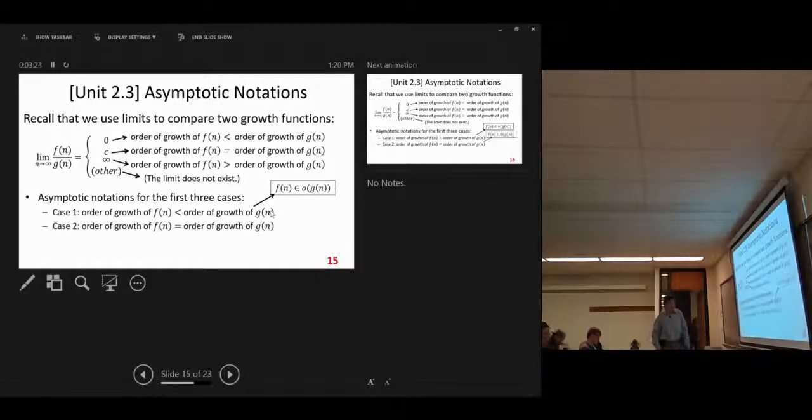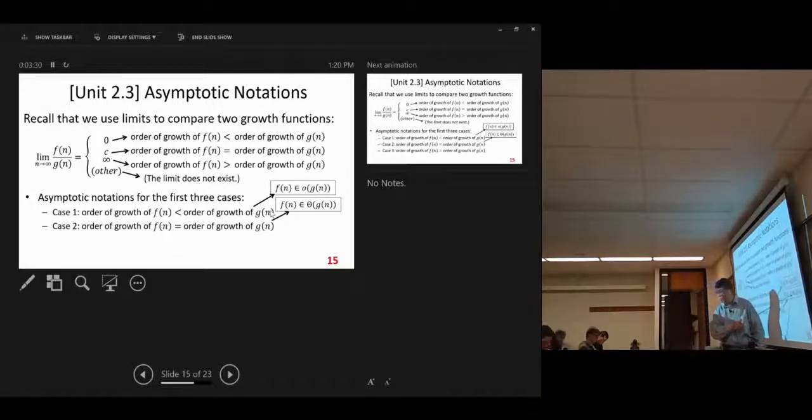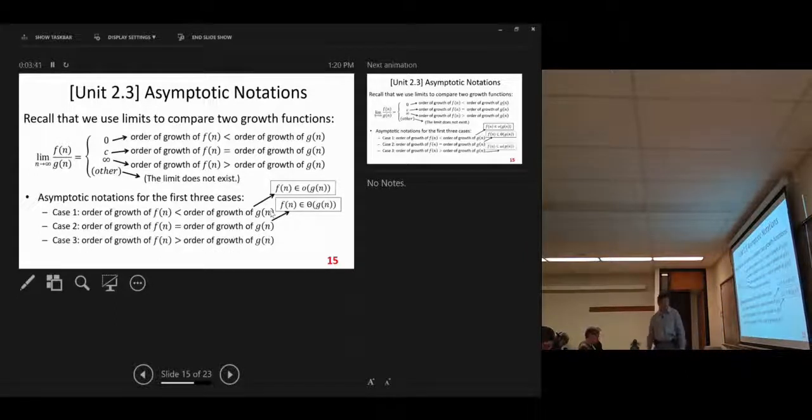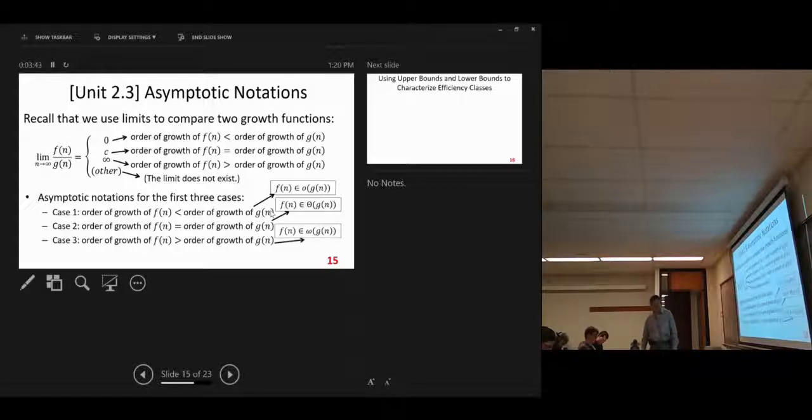All right, for case number two, the notation is big theta. This time we use big theta to represent the set of the same orders. All right, the third case, we use little omega. Here you can see if we use these three notations, we can save a lot of words.